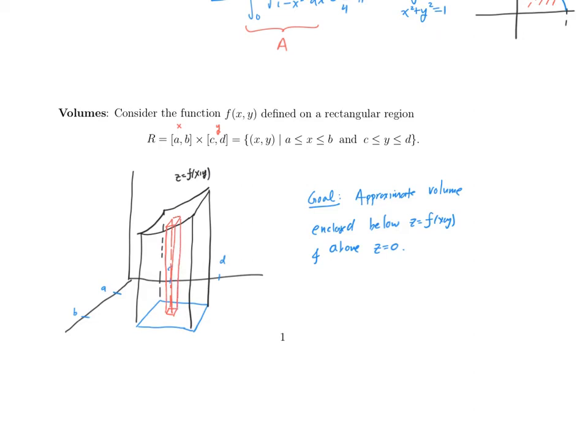And even though we might not be able to directly calculate the volume all at once, we can approximate it by adding up the volumes of these more manageable pieces. And then in terms of our approximation, we're going to use that to get the exact volume by taking limits, much like we have done previously.